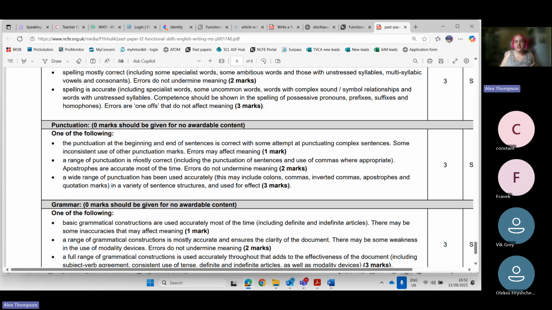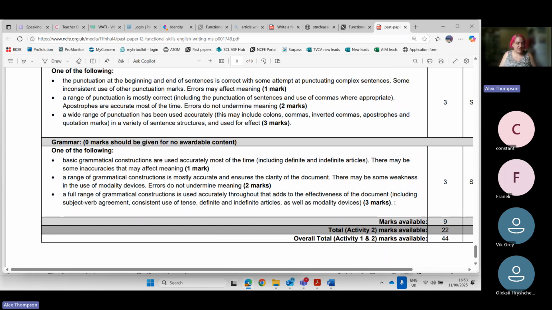The same with punctuation. If you use a range of punctuation and you use it correctly, you don't have to use absolutely every single one of these different types. It's more a case of, have you used a range and have you used it correctly? You don't have to say, I have used 1 full stop, 1 comma, 1 hyphen, 1 parentheses. Don't worry.